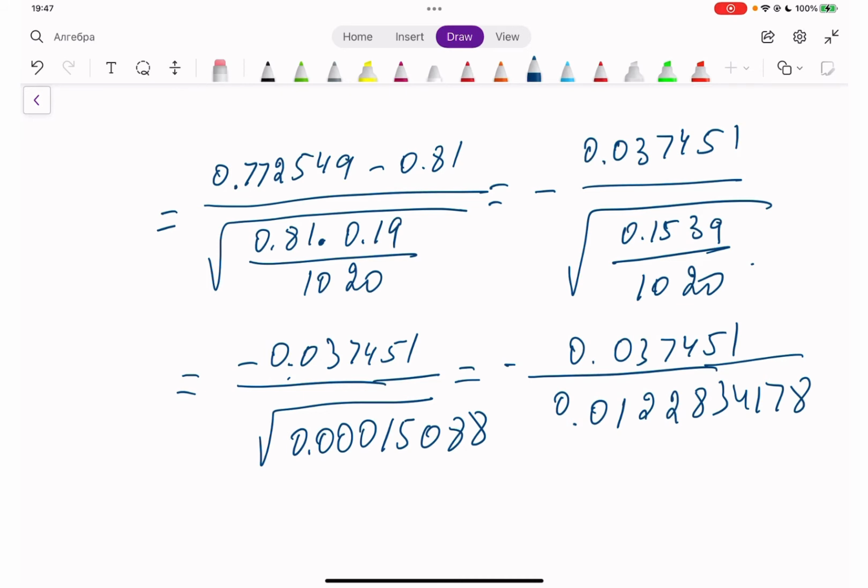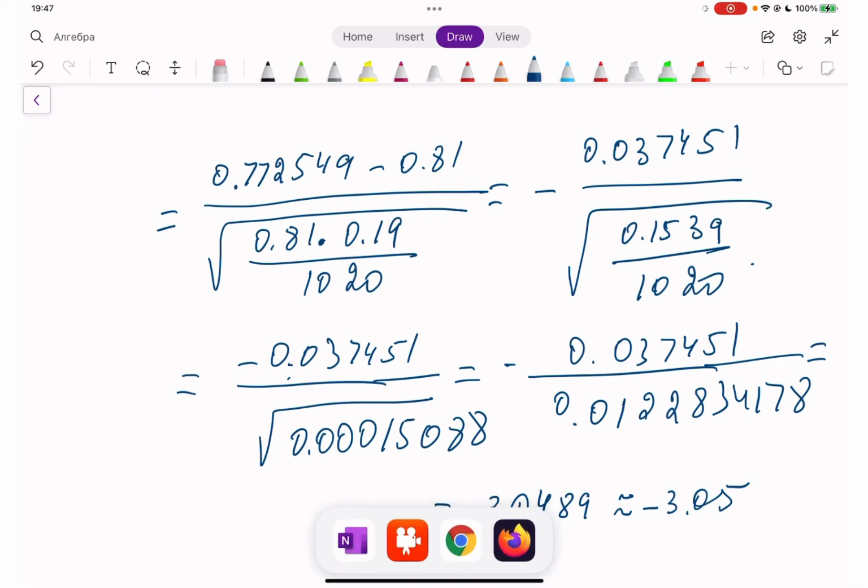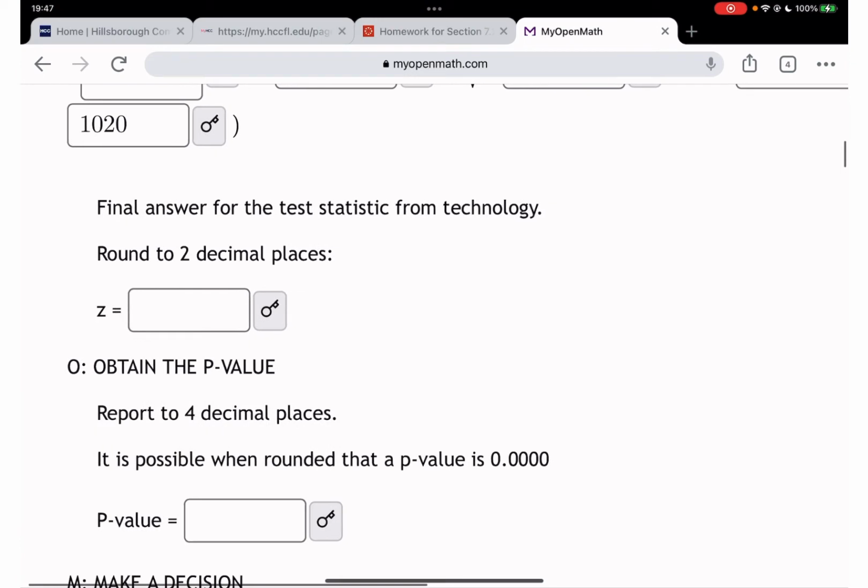Okay, well, it doesn't take it. So I am getting negative 3.0489, which approximately is going to be negative 3.05.